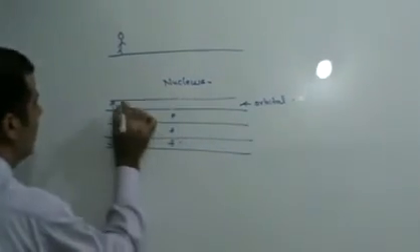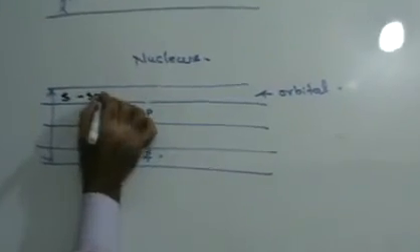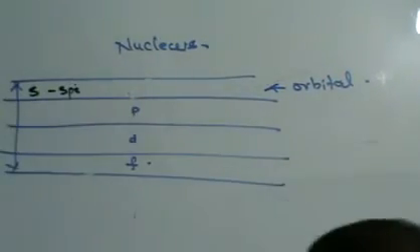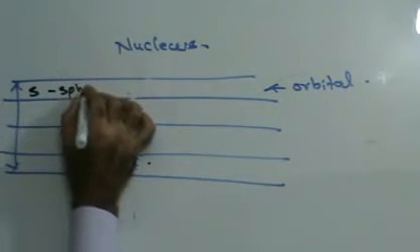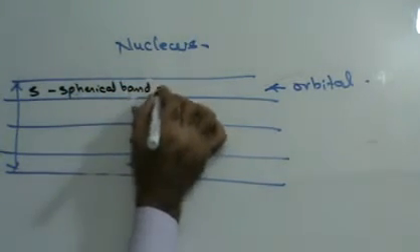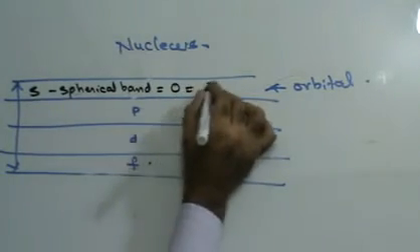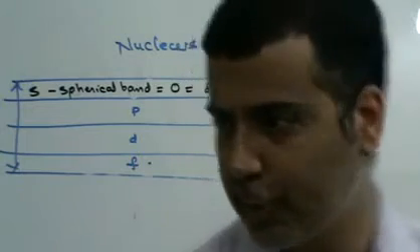So this is your azimuthal quantum number S. This orbital is called the spherical band. Its number is 0 and it can have 2 electrons. That's all the information that he gave about this.